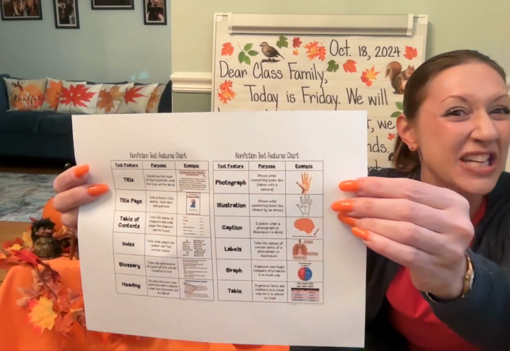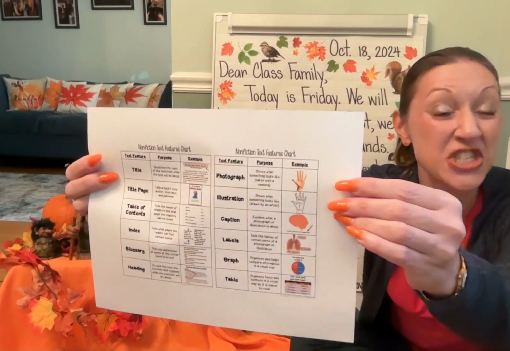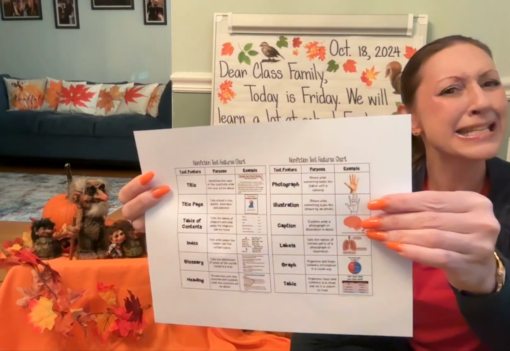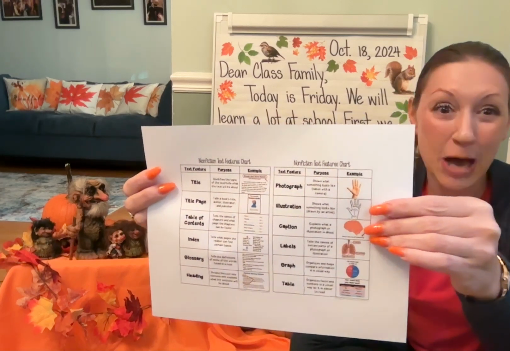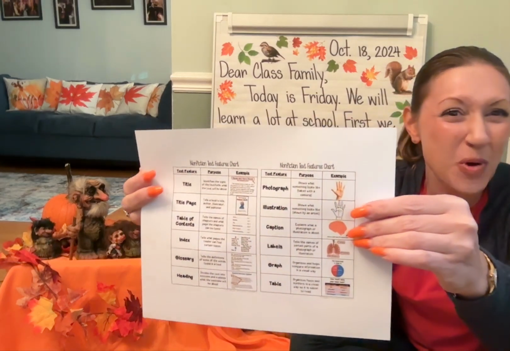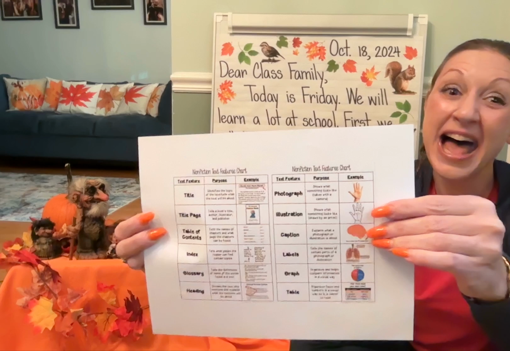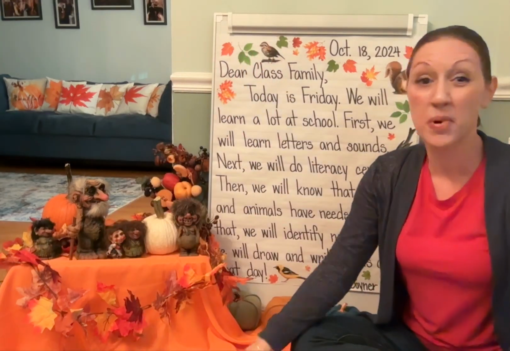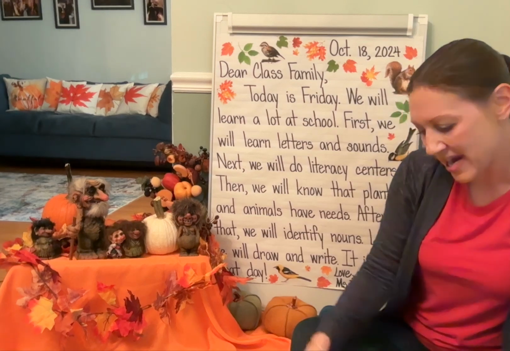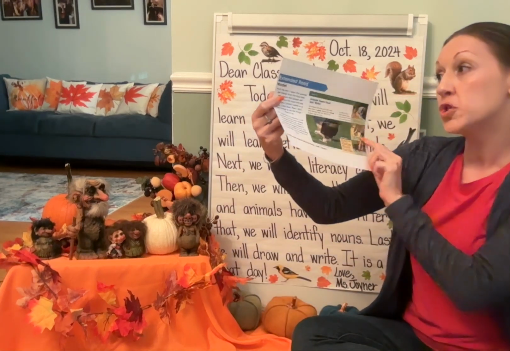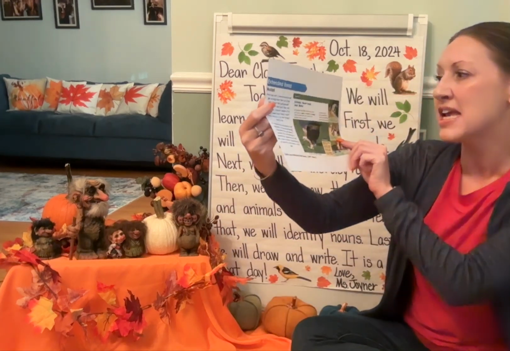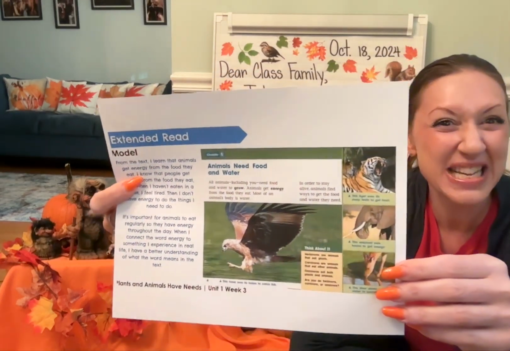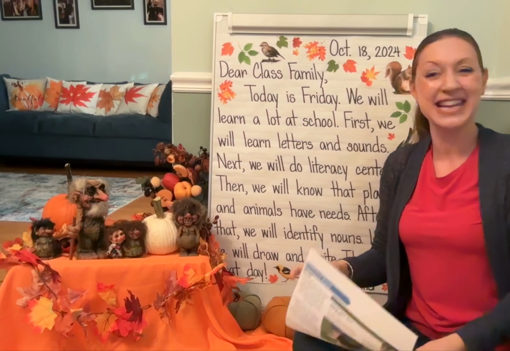Good readers use text features when reading nonfiction text to help them understand what's happening. So we'll be looking at the title, headings, captions, photographs, words in bold print, as well as diagrams and labels. Oh, so many things to help us become better readers. Oh, one of the things we're going to be looking at is animals need food and water. And we have some other things to check out, some nonfiction texts.